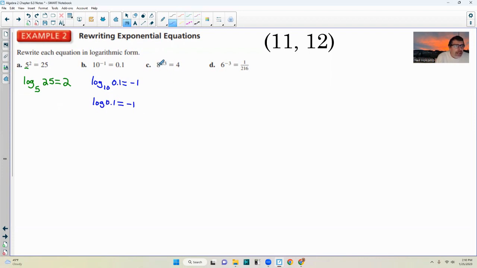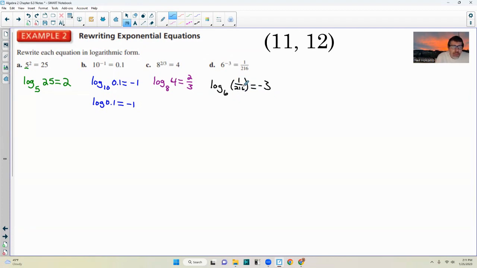Okay, and now we have a base of 8, so that's log base 8 of 4 is equal to 2/3. Okay, and then finally, our base is 6. So we're taking the log. Let me rewrite that. I forgot to write the word log. We take the log base 6 of 1/216 equals -3.